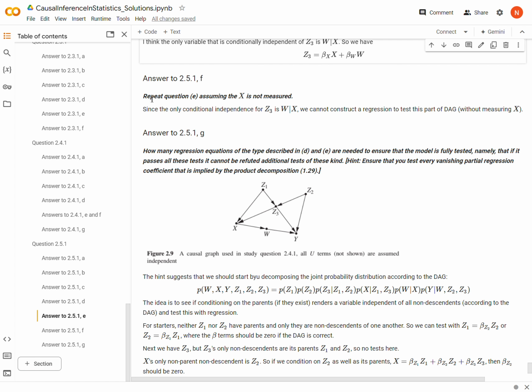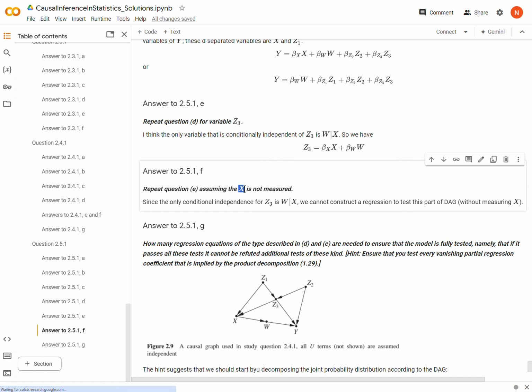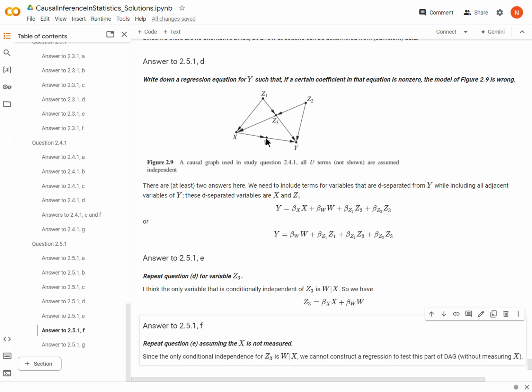So now, for part F, we need to again repeat part D, but for variable z3. Okay, but now we are assuming that we cannot measure x. So let's go back up here. So we need to construct a regression where we are trying to see if beta w can be, well, maybe not beta w.